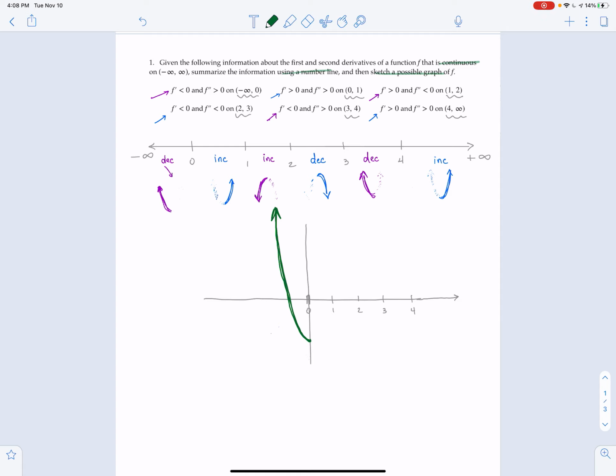From 0 to 1, I am increasing, and I'm going to get all the way to 1 with this. And from 1 to 2, I'm increasing, but my concavity flips, so I'm going to have a shift there. And then from 2 to 3, I am decreasing and concave down.